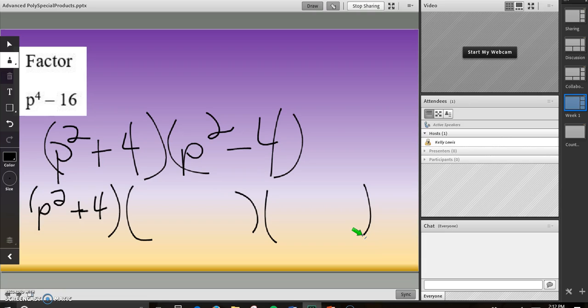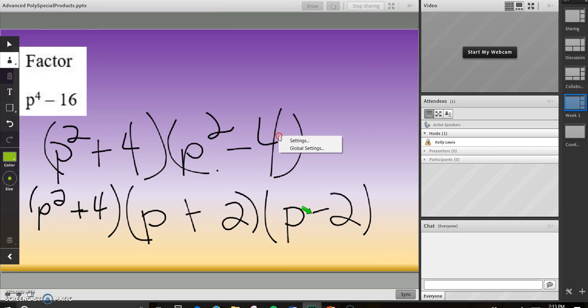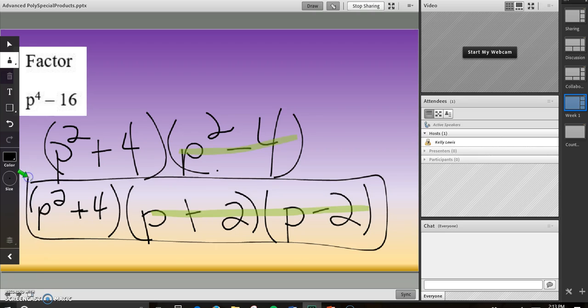Okay, and then p squared minus 4. The square root of p squared is p, and the square root of 4 is 2. One's plus, one's minus. So all I did right here was factor that guy. Then p squared plus 4, you can't factor him. He's prime, so he just stays there. You can try however you want, it's not going to factor.